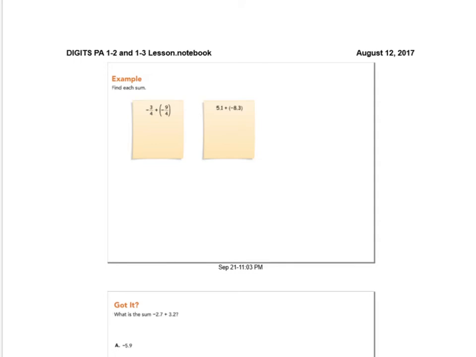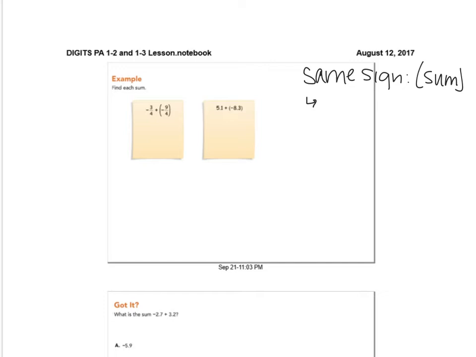Okay, so before beginning adding our rational numbers, I want you to think back to our last slide, which was rules to adding integers. So this is the exact same for adding rational numbers. When we have the same sign, I want you to think sum.